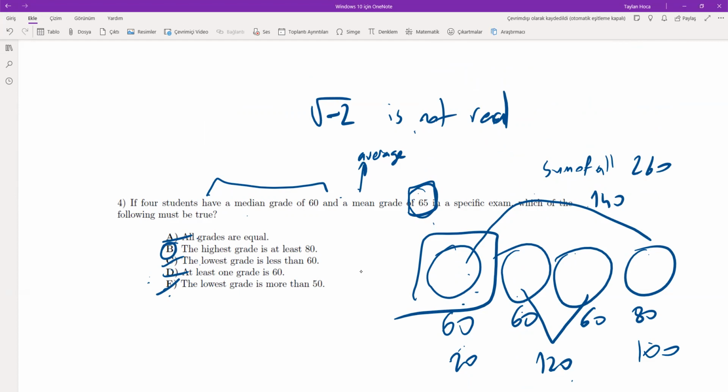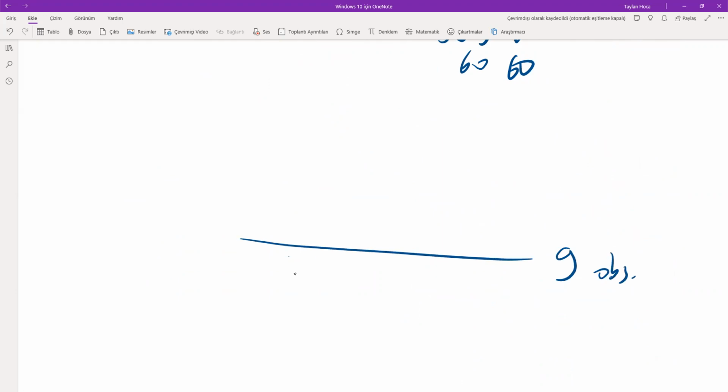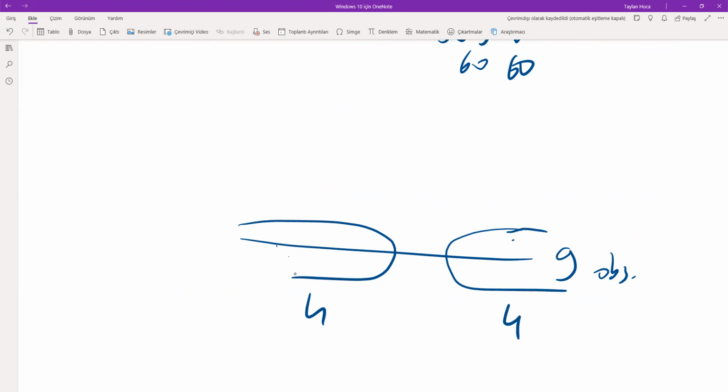And then what is a median grade? Median is the one in the middle. If you have, let's say, 9 observations, you sort them: the lowest 4 here, the highest 4 here, and the median is the 5th.